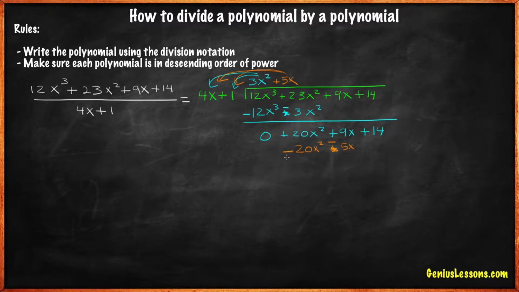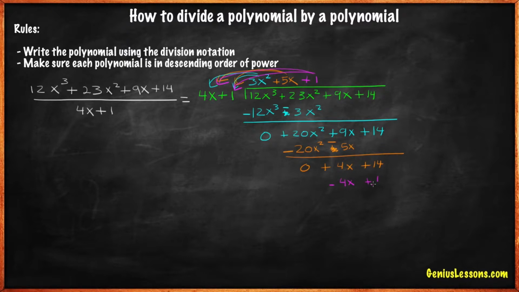Change the signs. Now add them. 20x squared minus 20x squared equals 0. 9x minus 5x equals 4x. Bring down the 14. Let's find a number that multiplies by 4x and gives us 4x. Yes, the number is 1. 1 times 4x is 4x. 1 times 1 is 1.